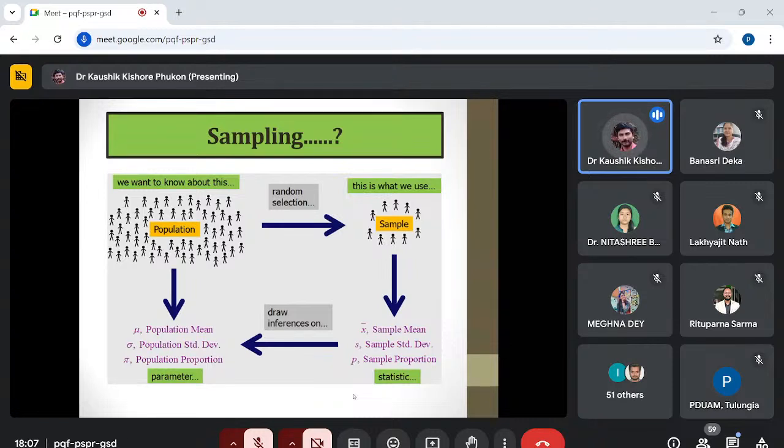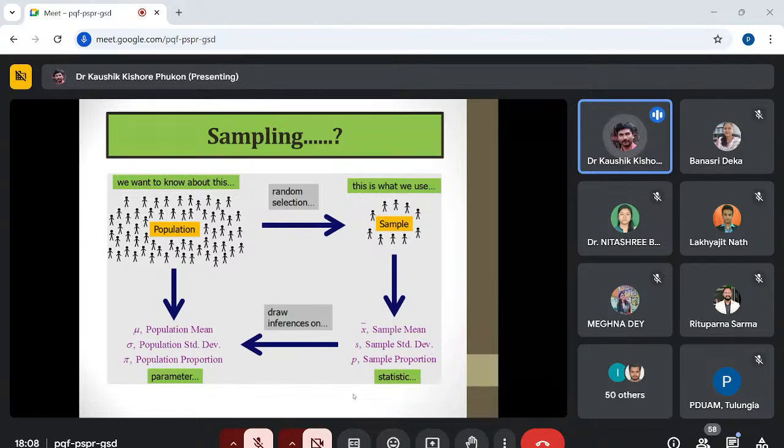This smaller group representing the population is known as a sample. You can see on the screen, population is there, sample is there. Many techniques are there to select a sample from a population, and in the picture on the screen, you can see the words random selection.